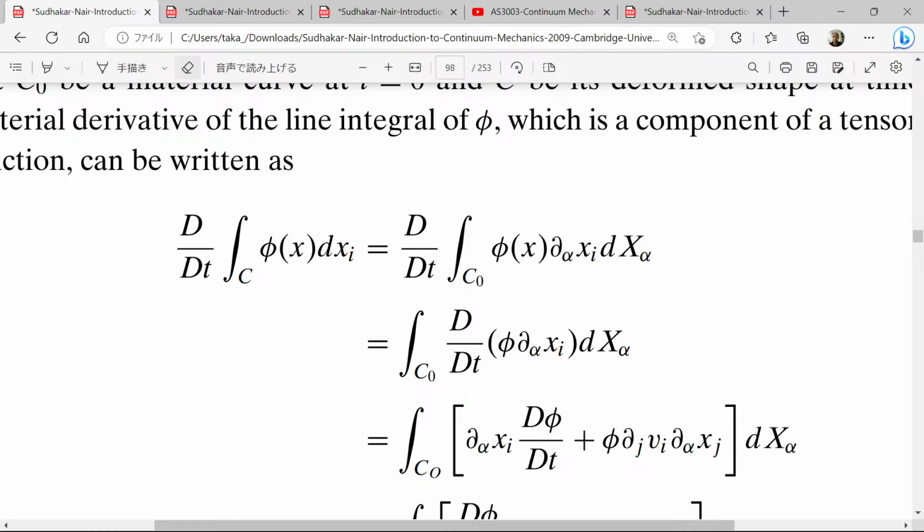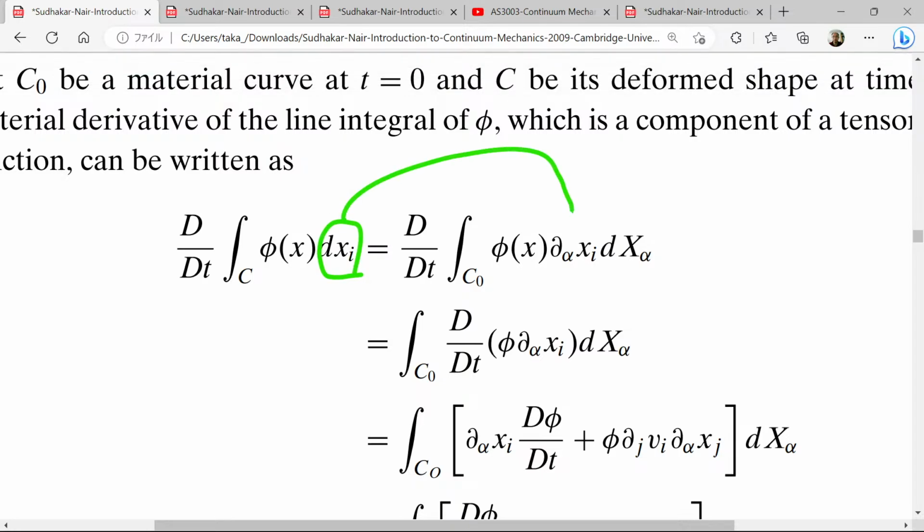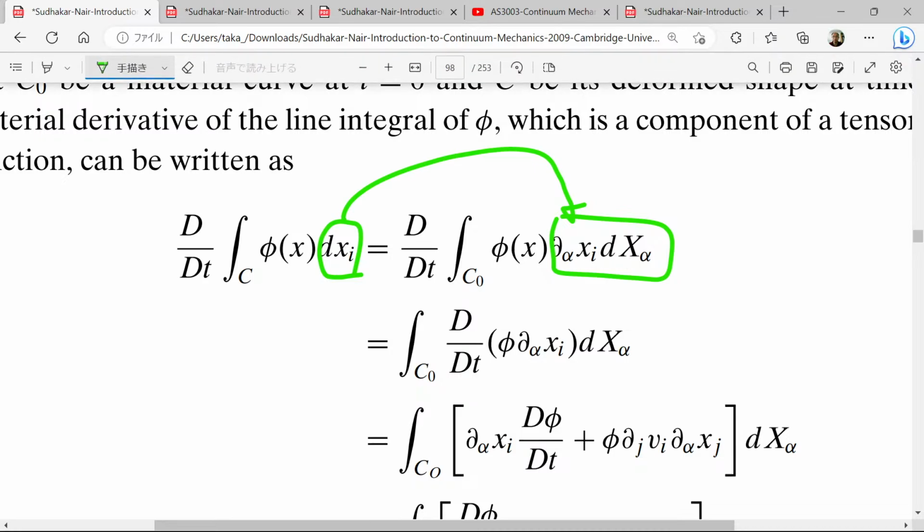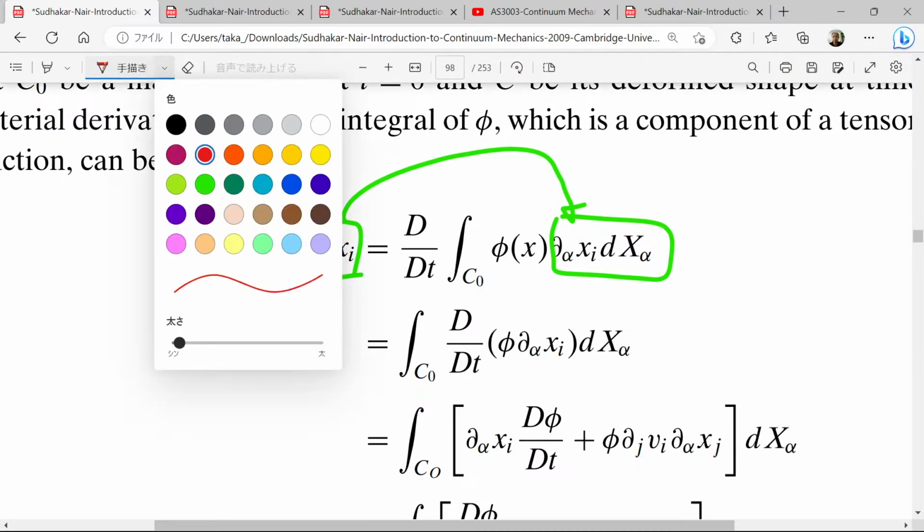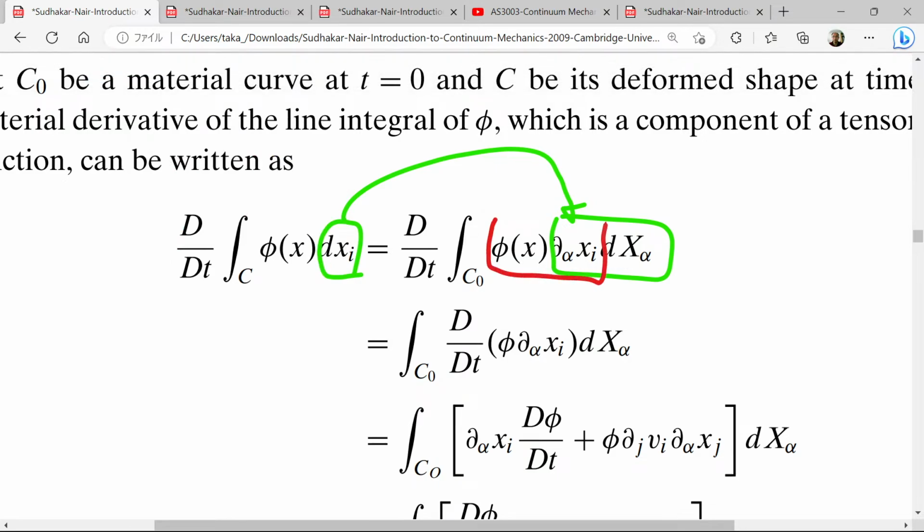So first we convert this dx to this. This is the usual deformation we take. So then we make the time derivative of this.